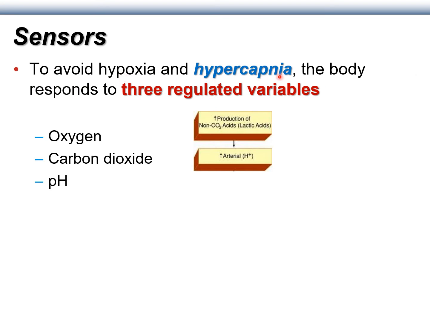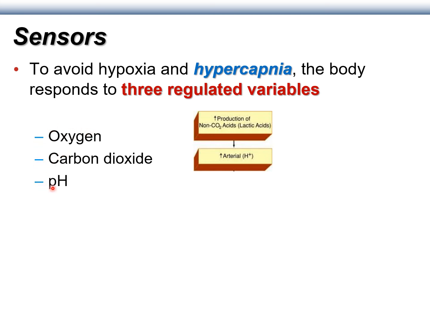Because hypoxia and hypercapnia are so very, very important to moment-to-moment homeostasis, the body actually has overlapping homeostatic windows that it works to control. So overlapping redundant systems in order to keep three different variables within that homeostatic window. Yes, they are related.